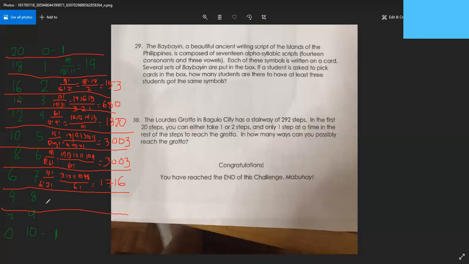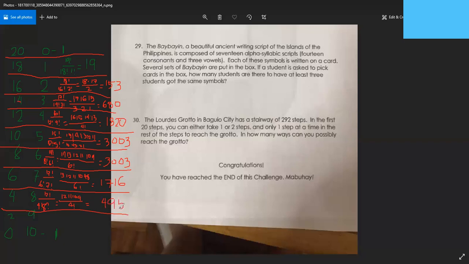Second to the last one. For 4 and 8, that would be 4 plus 8, that is 12. So 12 factorial over 4 factorial times 8 factorial. We will have 12, 11, 10, 9 over 4 factorial. If we solve this, we will get 495.